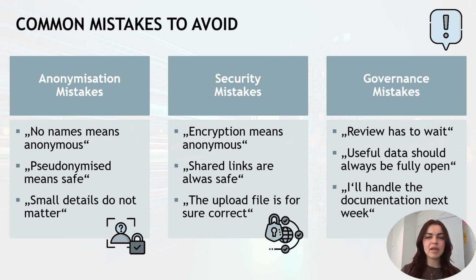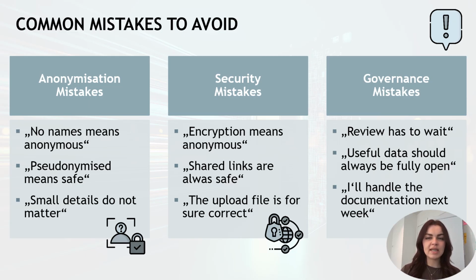A dataset may look safe because names have been removed, but indirect identifiers can still point to individuals. A dataset may be pseudonymized, but if re-identification is still possible, it may remain personal data. A file may be securely stored or encrypted, but that does not mean that published content is anonymous.